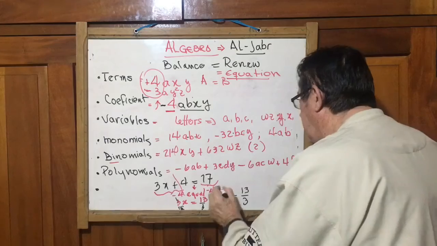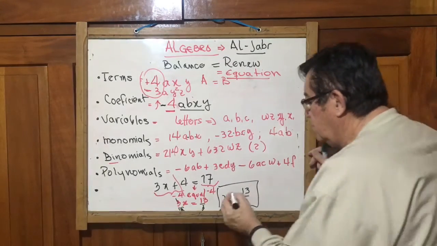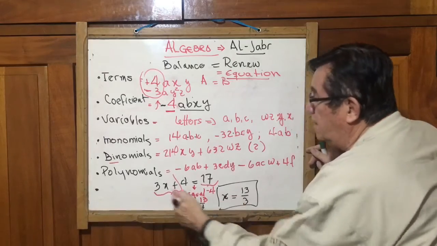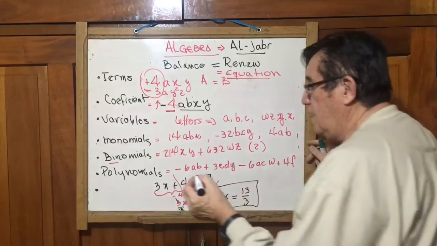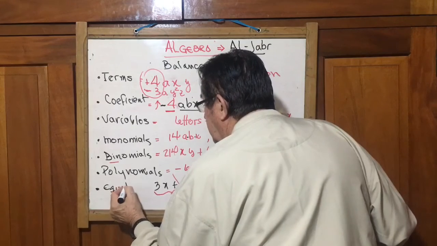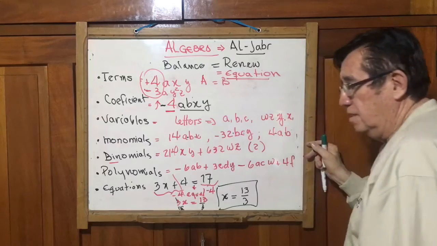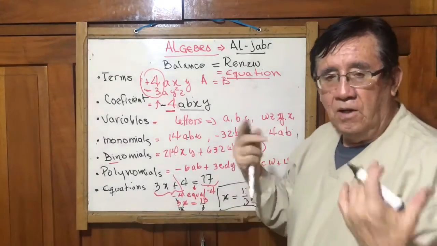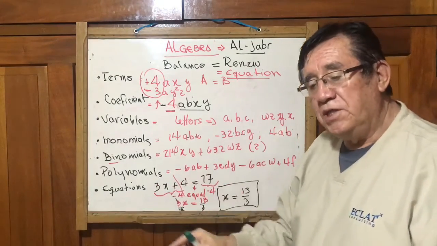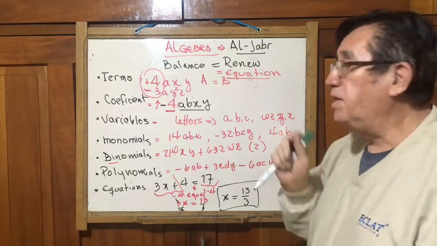Okay, so the variables become numbers with a definite value once I solve any equation. Equations could be of all kinds: first-degree equations, second-degree equations, or n-degree equations.